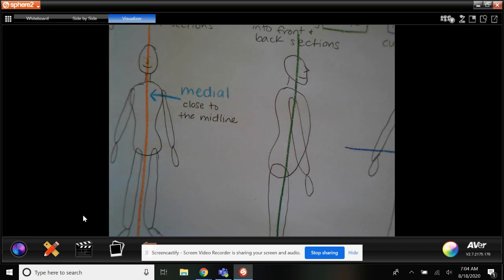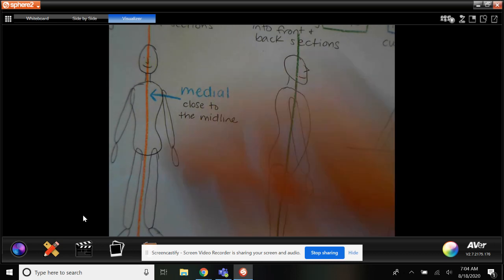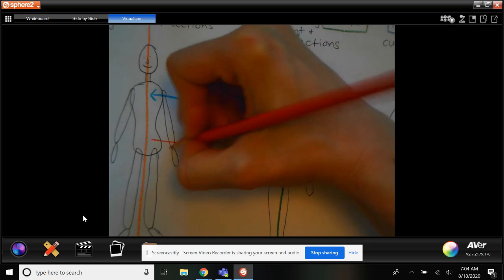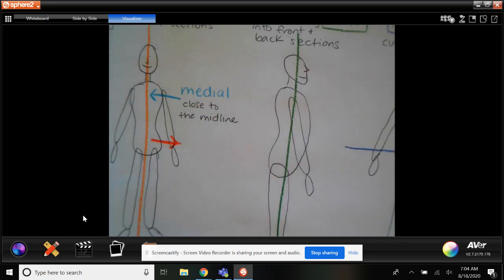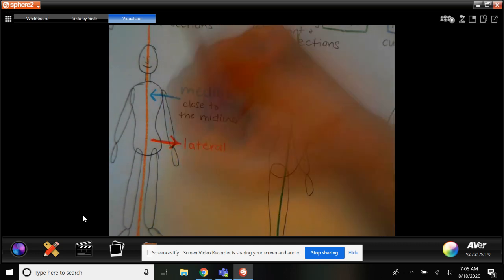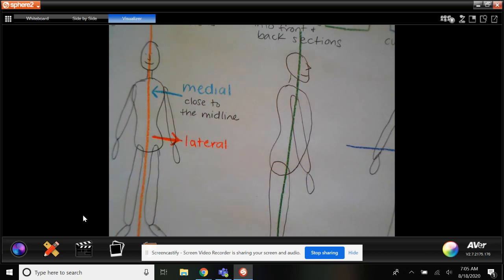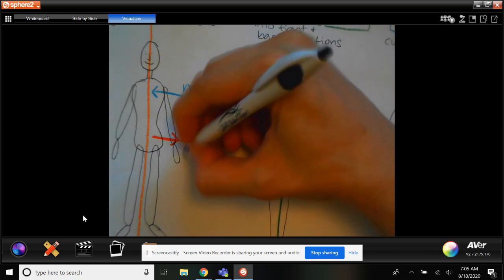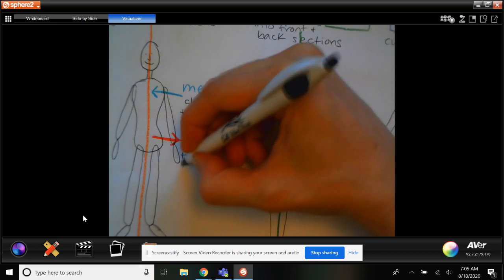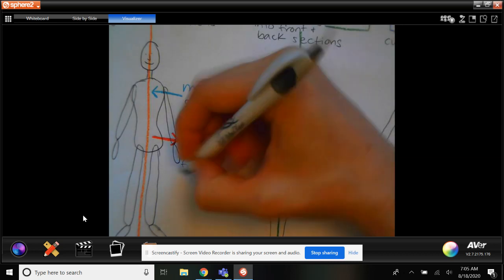But there's another word that goes with that. If it's kind of towards the sides of the body, so farther away from the midline, the word is lateral. Farther from the midline.